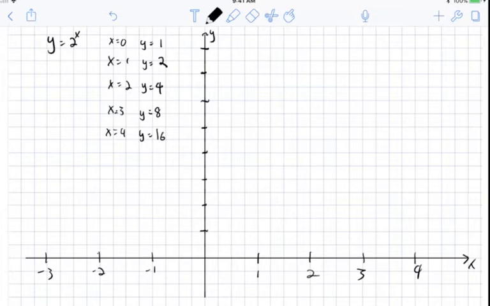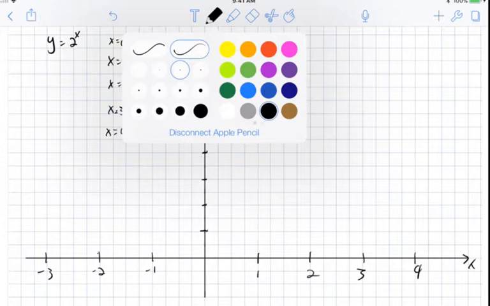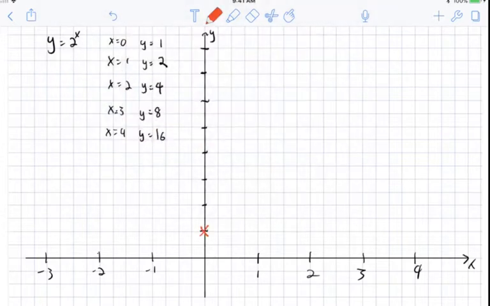All right, so where are these points? First point is right here. When x is equal to 1, it's equal to 2. When x is equal to 2, it's equal to 4. 1, 2, 3, 4.